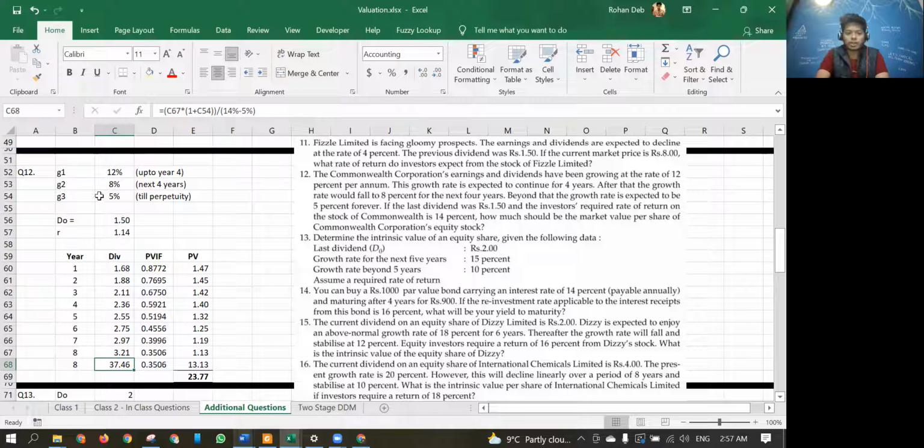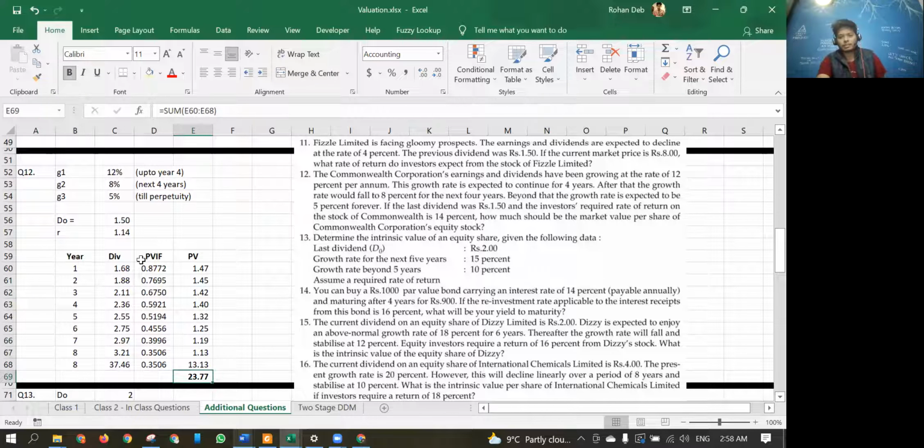So R is 14 and G is 5, so 14 minus 5 is 9%. So 3.21 multiplied by 1.05 divided by 9% will give you 37.46. And if you use the PVIF formula over here and then multiply the dividend into the present value factor, you get the PVs. Okay?